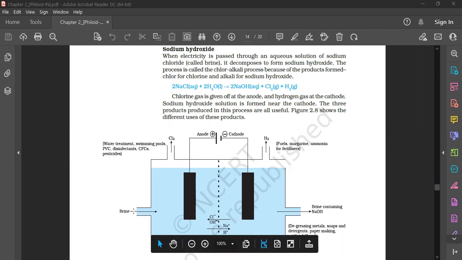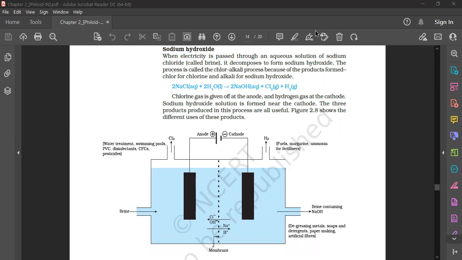Brine solution is nothing but the aqueous solution of sodium chloride. Now they have two electrodes, one is the anode, the other is the cathode. Anode means the positive electrode, which is connected to the positive terminal of the battery.